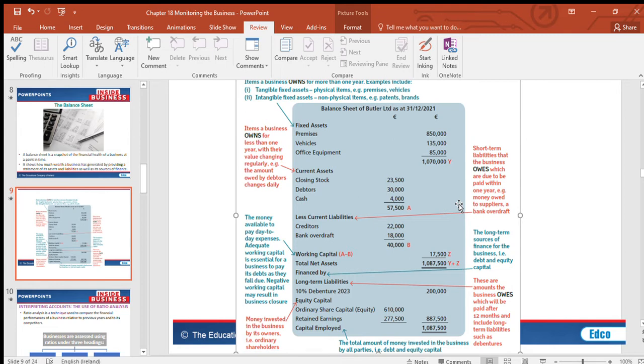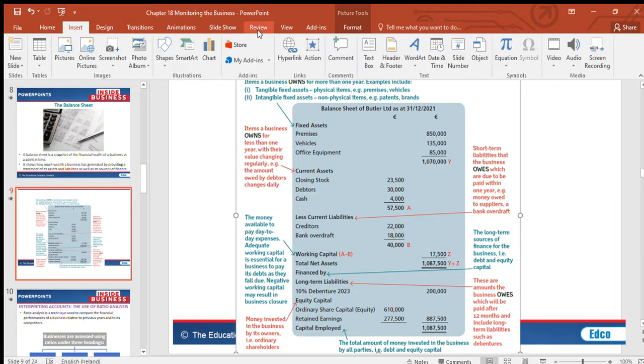Okay, so a couple of things. We have our fixed assets, current liabilities, and this section here, financed by, deals with long-term liabilities and equity capital. They're the things that I wanted to highlight. What I will say is that you don't need to have a huge understanding. By the way, I'll get you to take down this stuff as well, the descriptors at the side.